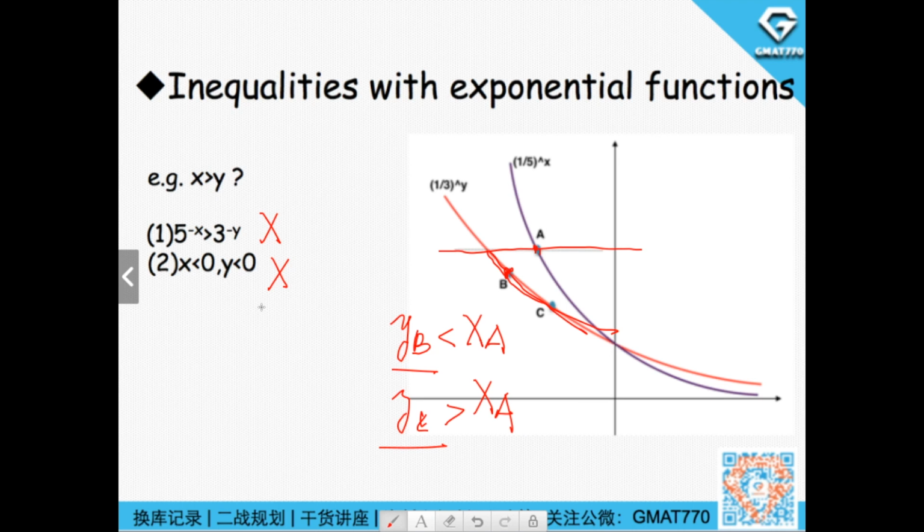In quadrant 2, x and y are negative, so statements 1 and 2 together are also not sufficient. The reason is the same as for statement 1. So the official answer to this question is E.